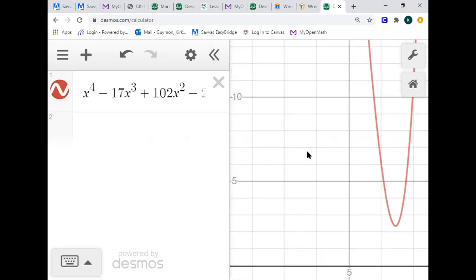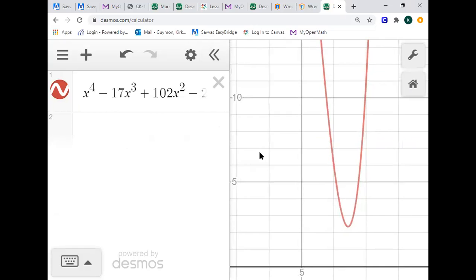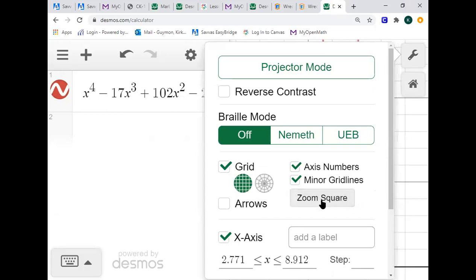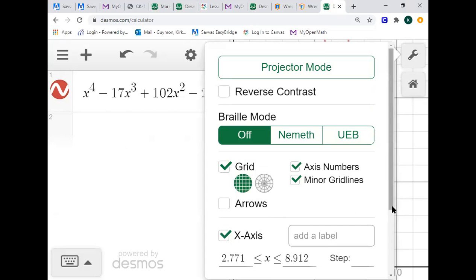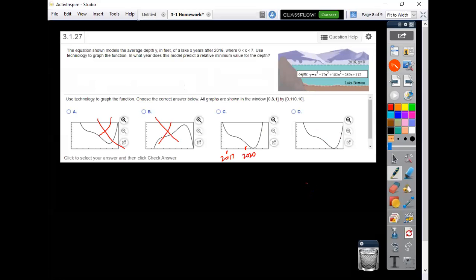It doesn't look like it changed my view that much. So it is up a little bit there, but you can get in there a little bit closer and adjust those settings so that you can check it out a little bit better. So that's what I would do for that problem, 3.1.27.